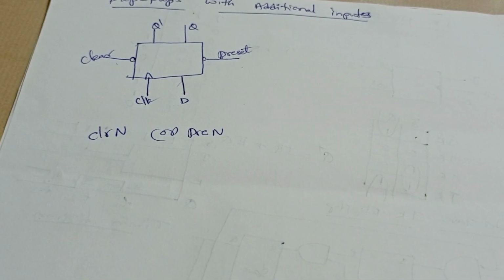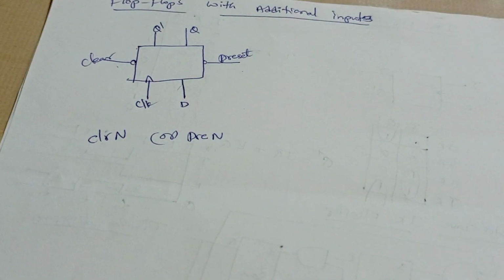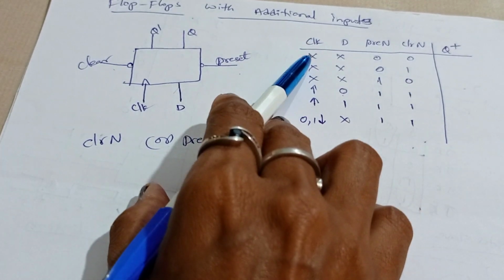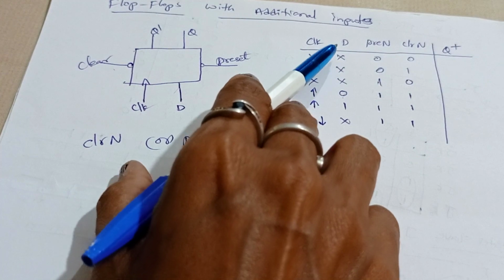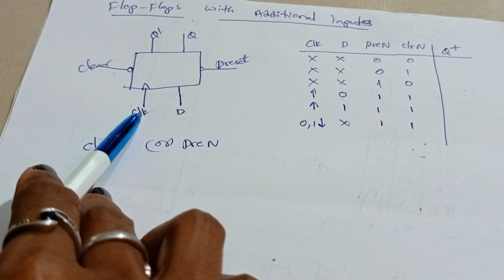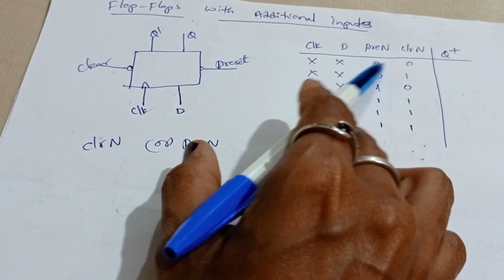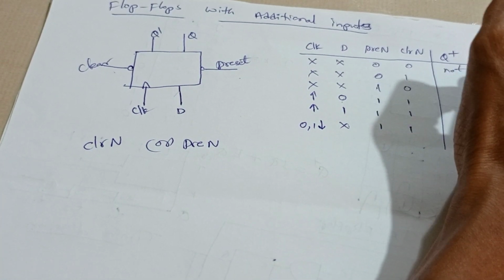Now we'll see the truth table. For the clock: don't care, rising edge, falling edge. D is don't care, because the operation does not depend on clock and input, only on preset and clear. If both are 0 at a time, then this condition is not allowed.